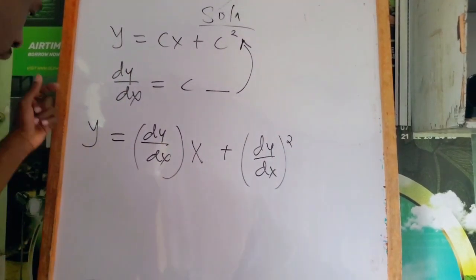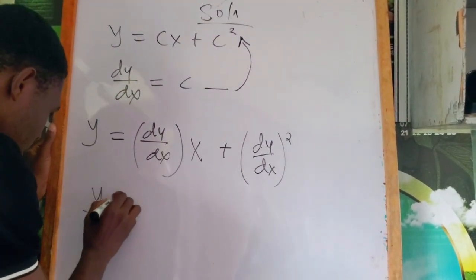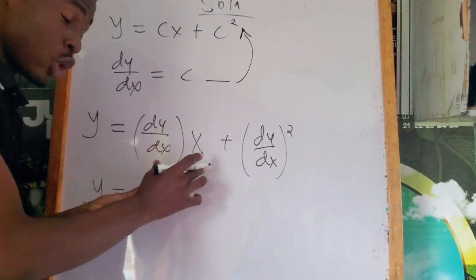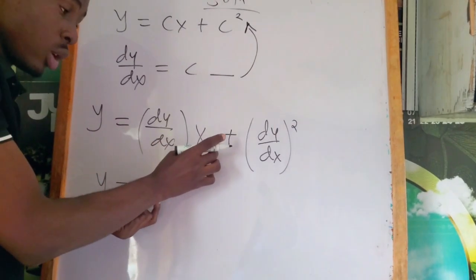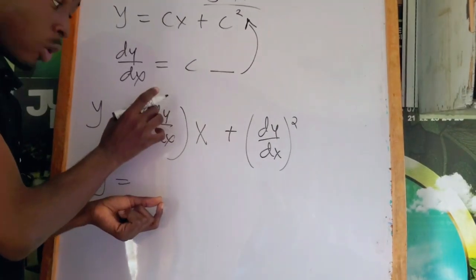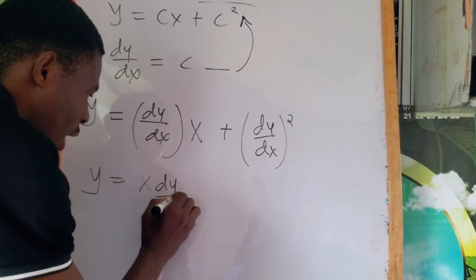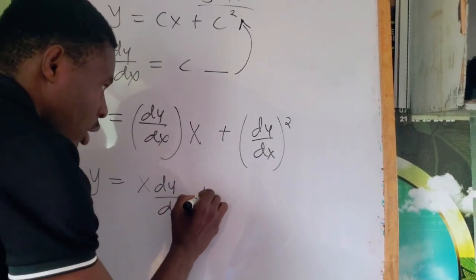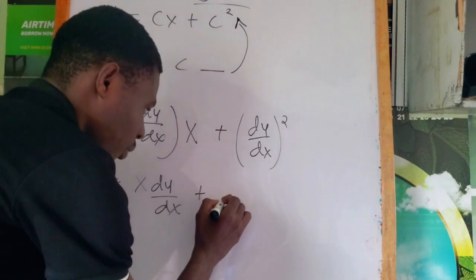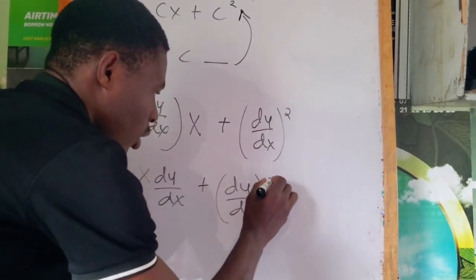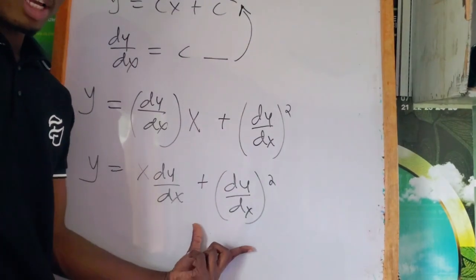Now let us rearrange this. So y is equal to, bring this x to the front, because if I'm not differentiating, if I'm just multiplying them, always put whatever is here in front of the differential coefficient. So this will be x dy/dx plus (dy/dx) squared. Now if you like, you can leave it in this form.